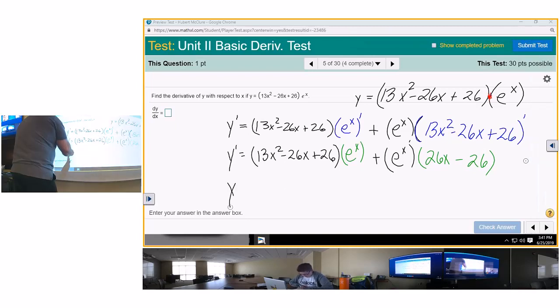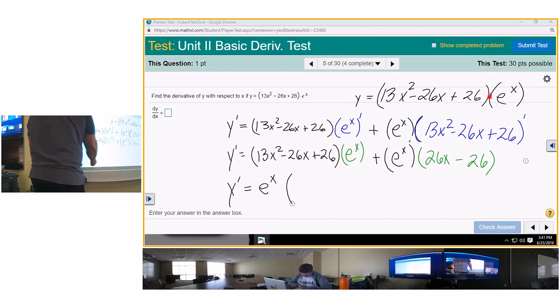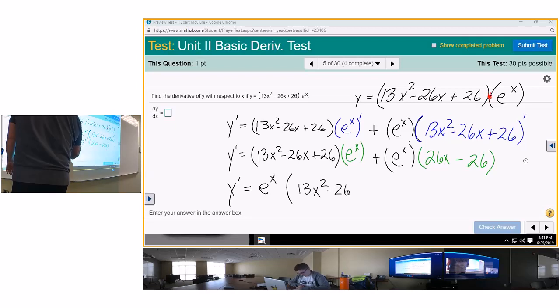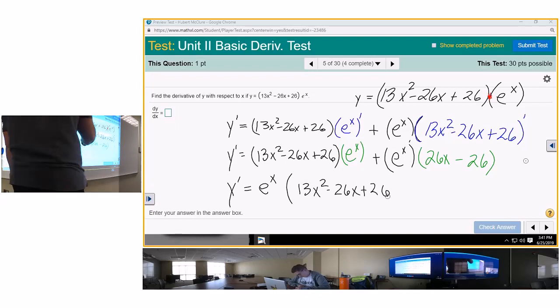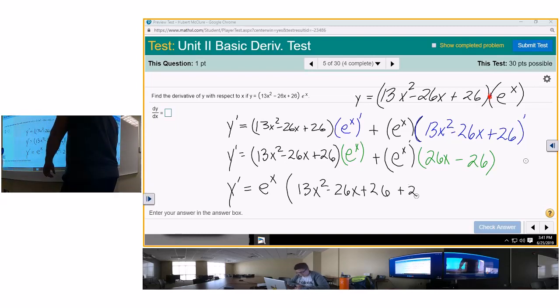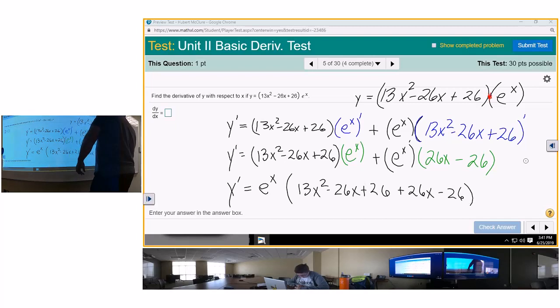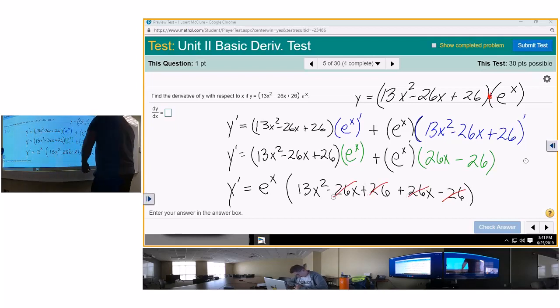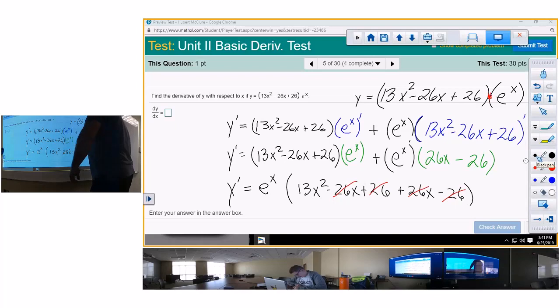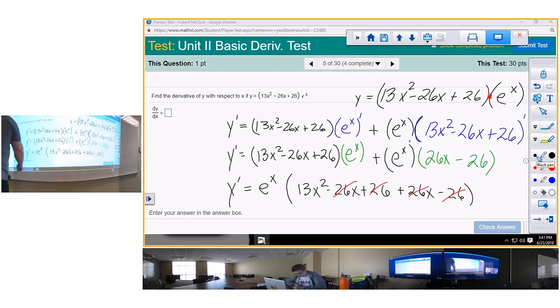That'll leave us with 13x squared minus 26x plus 26, and then plus 26x minus 26, and of course the 26 is canceled and the 26x is canceled, and you're left with e to the x times 13x squared.